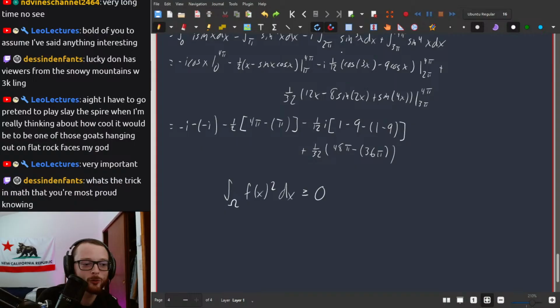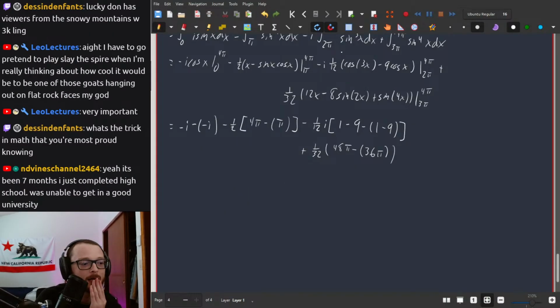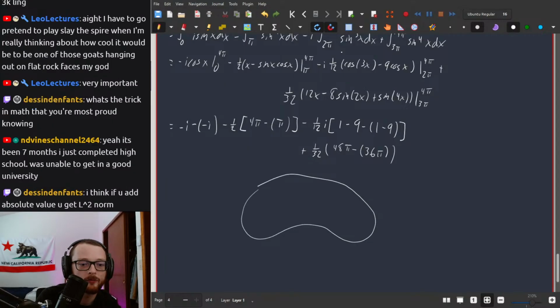I think maybe a cooler trick that I might be more proud of knowing is: let's say this is your domain omega, and on the upper part of the boundary you have boundary value 1, on the lower part you have boundary value 0. Just by looking at this, you can figure out how a harmonic function would behave on this domain.